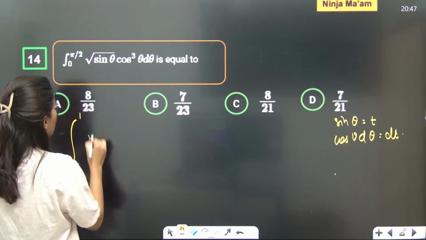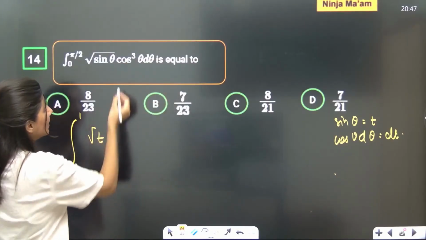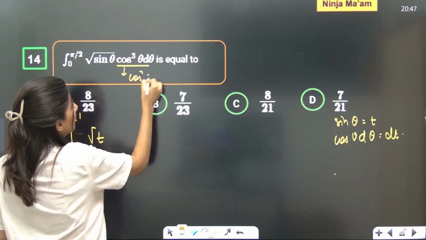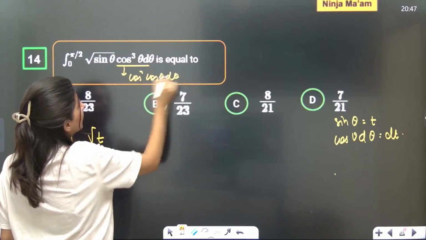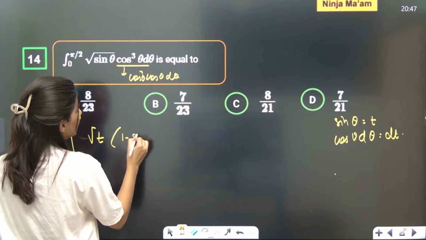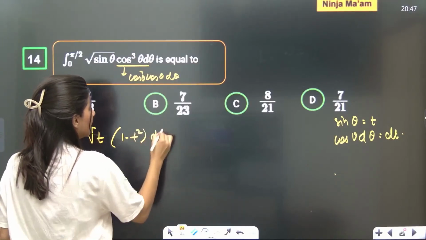Now square root of t, and this is your cos square theta. I am going to write it as cos square theta into cos theta d theta. Cos square theta is 1 minus sin square theta, so 1 minus t square, and this is your dt.